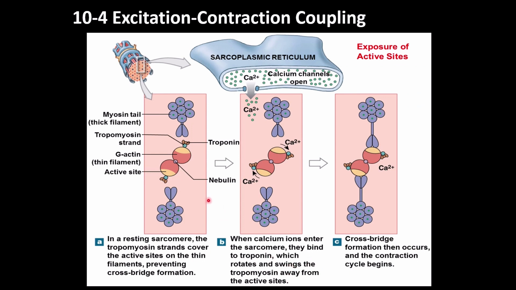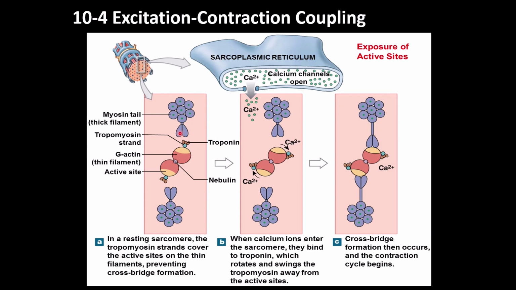So what we see here is the F-actin strand, and these are the G-actin molecules that contain the active site. Normally the active site is covered by tropomyosin, and you also have troponin here. There is no calcium there, and the active site is covered by tropomyosin, so nothing is happening.